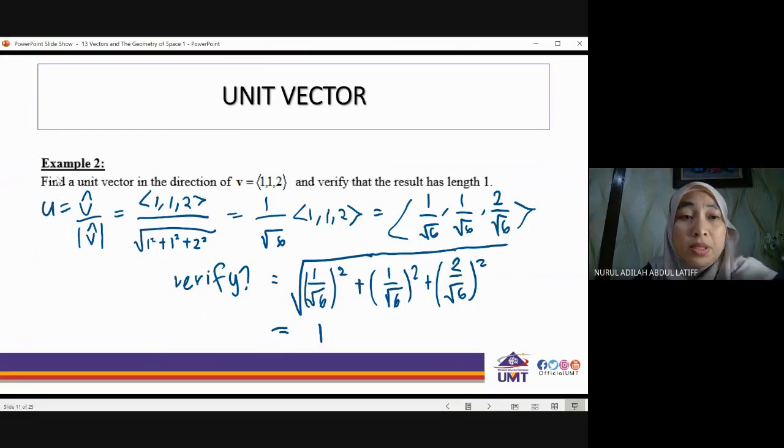So for example 2, find a unit vector in the direction of V equals (1, 1, 2) and verify that the result has length 1. So U equals V divided by the length, which is (1, 1, 2) divided by the square root of 1 squared plus 1 squared plus 2 squared, which equals 1 over square root of 6 times (1, 1, 2).